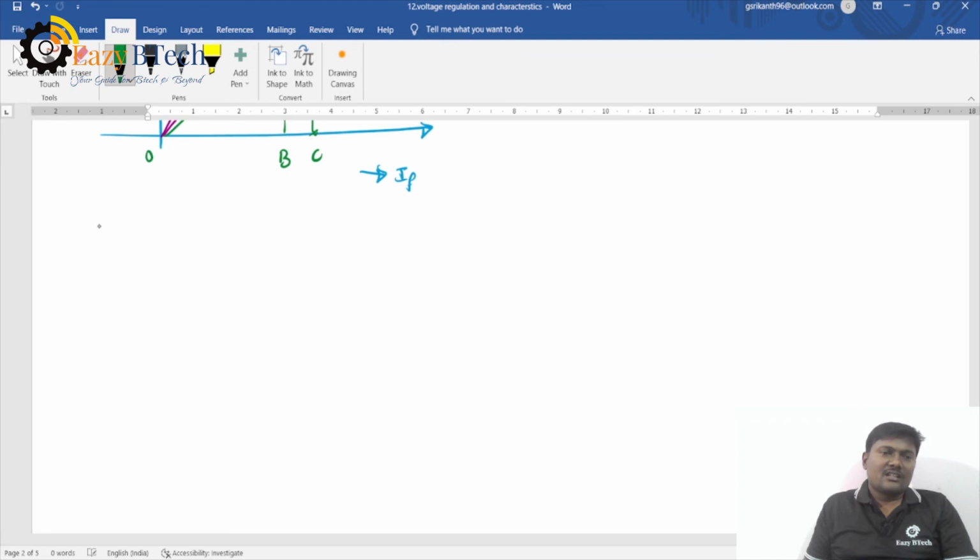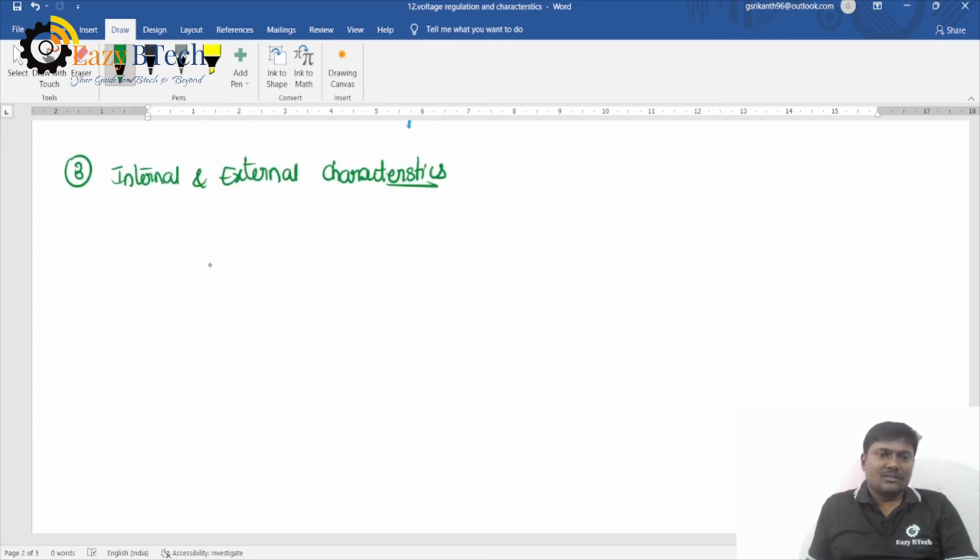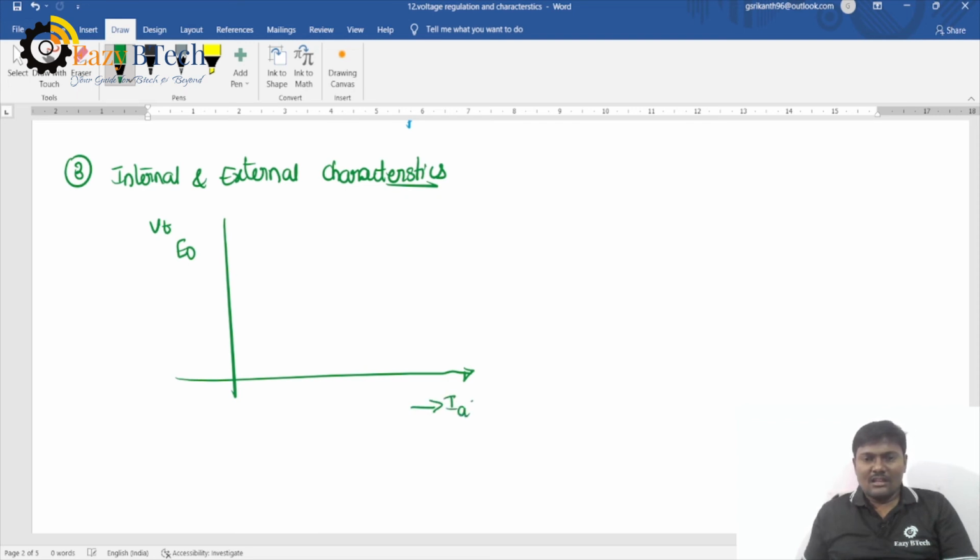And the next characteristics are internal and external characteristics. If I am drawing the curve between VT versus IA equal to IL, I am representing the two curves in one line.